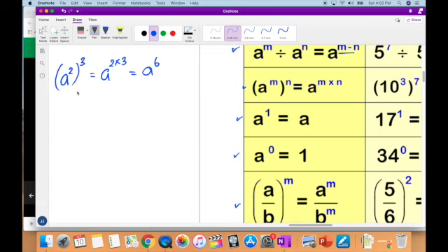Very good try. Let me show you where you went wrong. The inside of the brackets is a squared, so a squared is a times a. All of this is being cubed, so therefore that is a times a being multiplied by itself 3 times. You see where you went wrong?